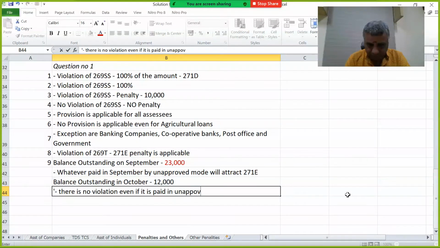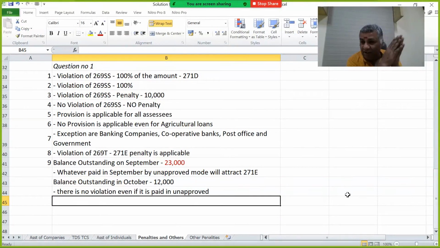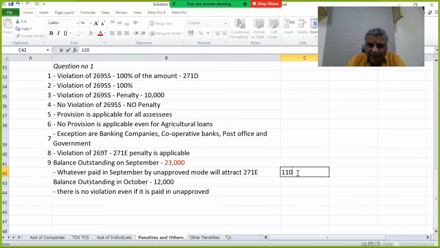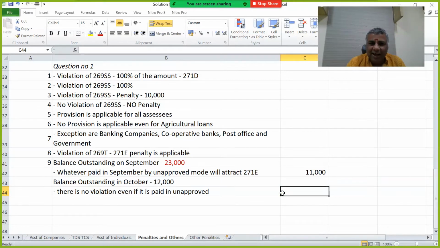The provision is applicable only if the balance outstanding is more than 20,000, which in this case was 23,000. So here the 11,000 penalty will definitely come. But the 12,000 penalty will not come, because the balance outstanding is not exceeding 20,000.